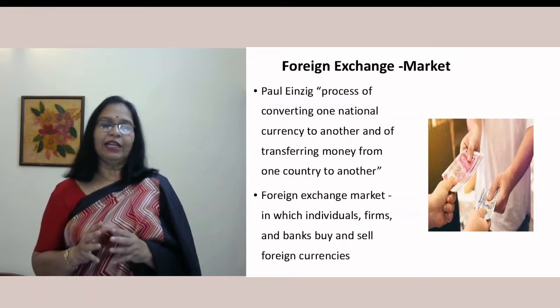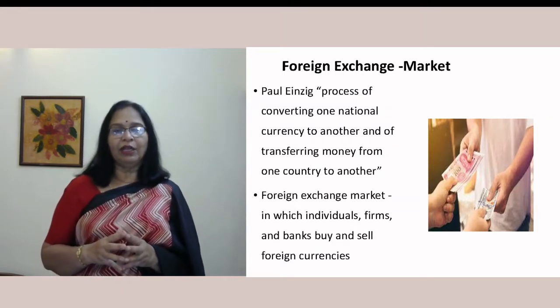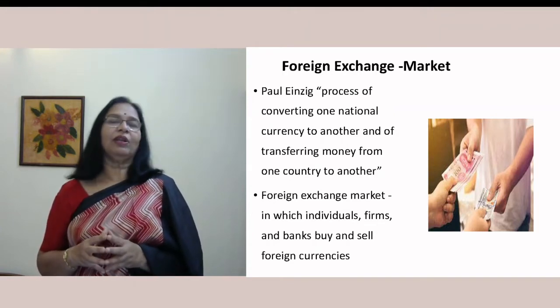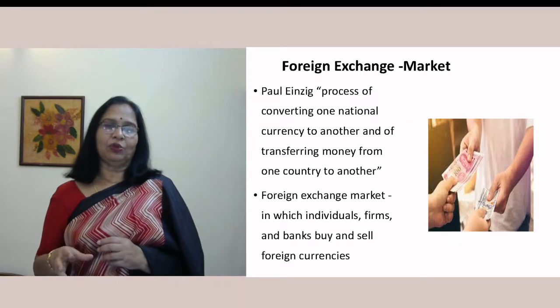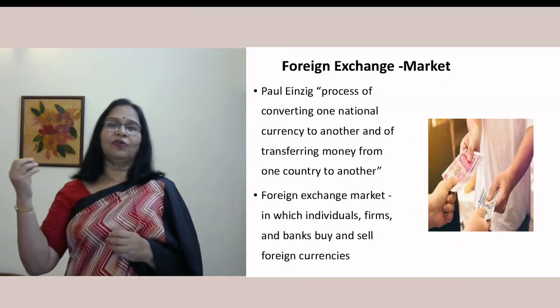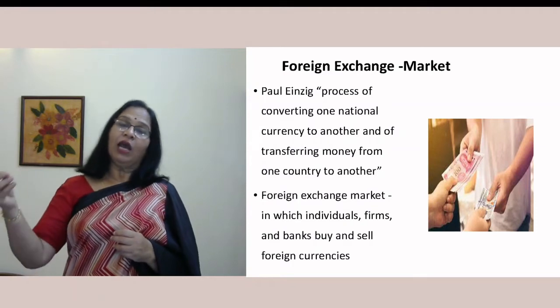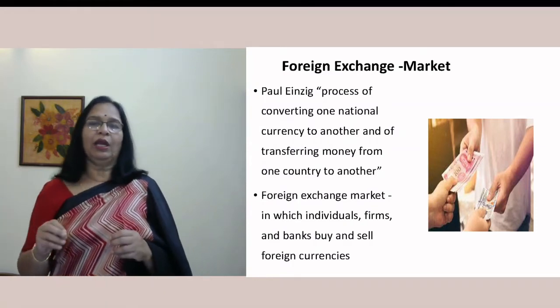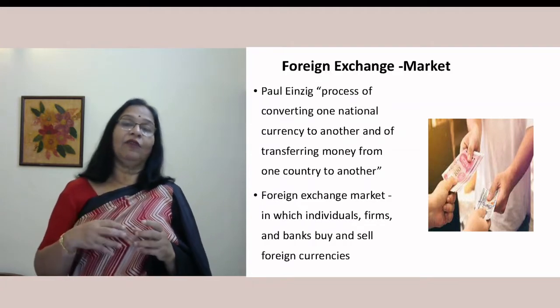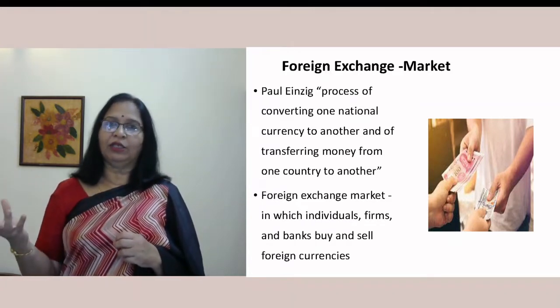Paul Einzig said it is a process of converting one national currency into another and transferring it from one country to the other. That means the currency from our country has to be transferred into the currency of the other country. Now, how do we do that? How can the currency of one country get converted into the currency of another country?